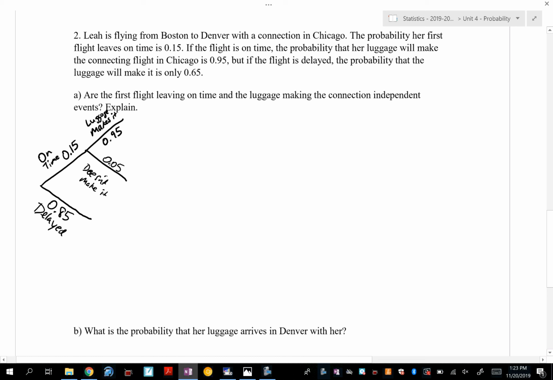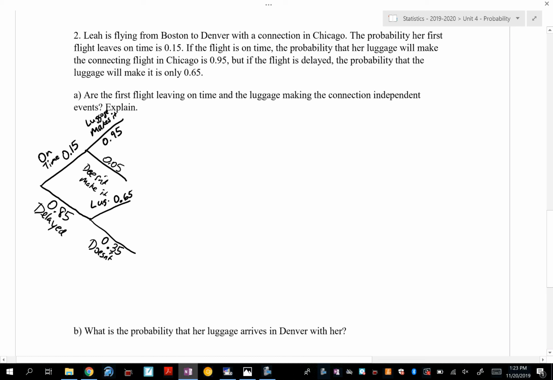Okay? What about for the delayed flight? The delayed flight, what's the likelihood the luggage makes it? 0.65. And what about for it doesn't make it? Okay, any questions on the tree?